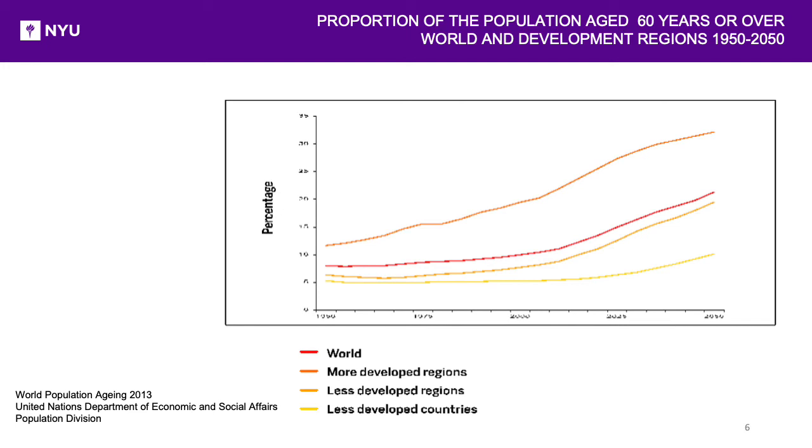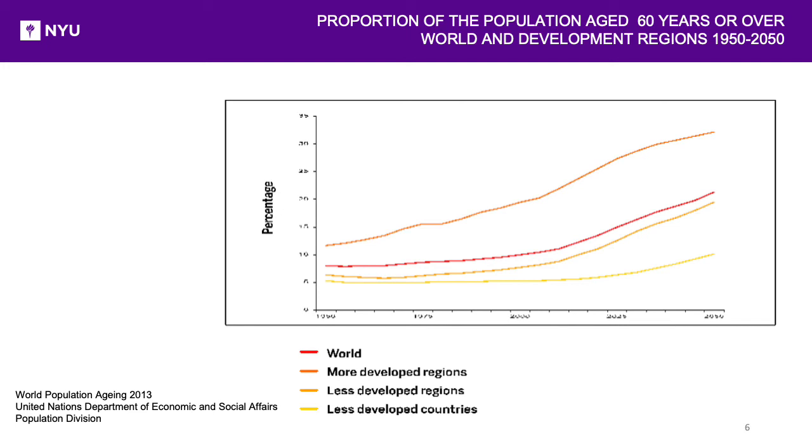When we think about globalization and epidemiological transition, we need to think about age and how that age affects our population. So in 2013, the United Nations Department of Economic and Social Affairs Population Division came out with this publication.